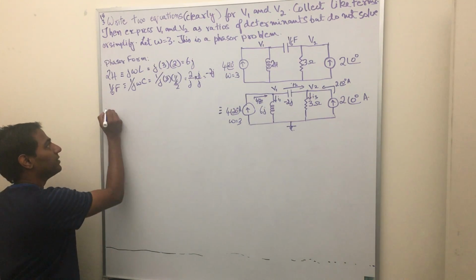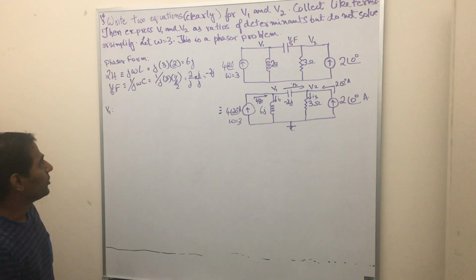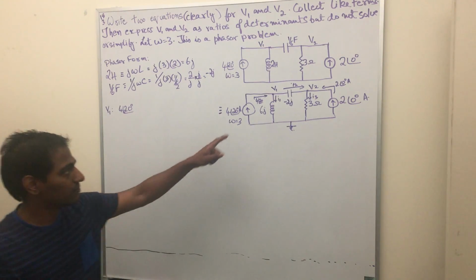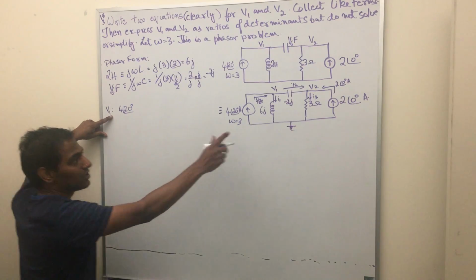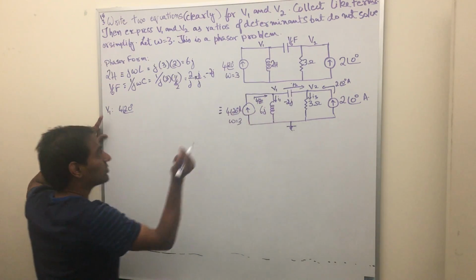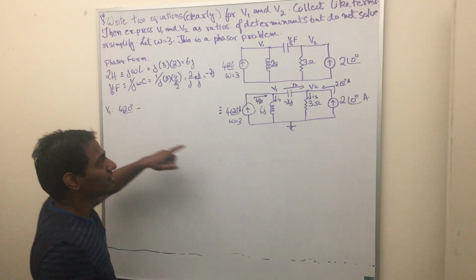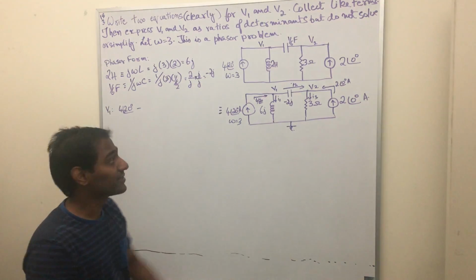So for V1, you have 4 at an angle 20 degrees flowing into the node V1, that's represented as positive. I1 is flowing away from the node, so it's negative. And to represent I1, it's the voltage across the inductor divided by the impedance.